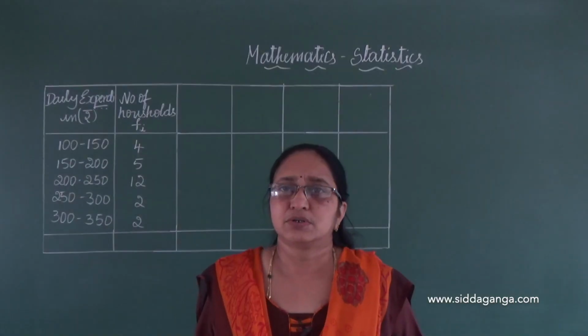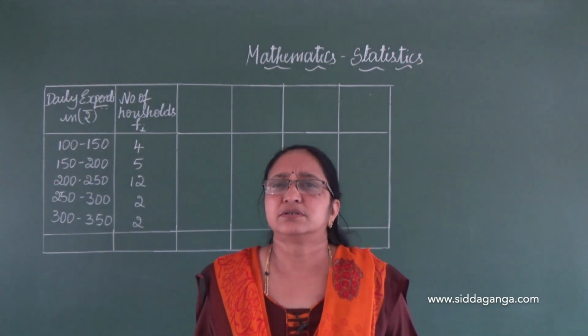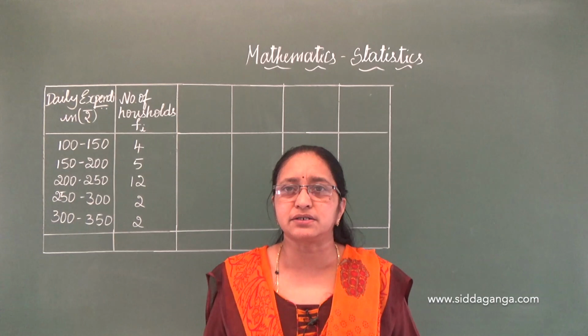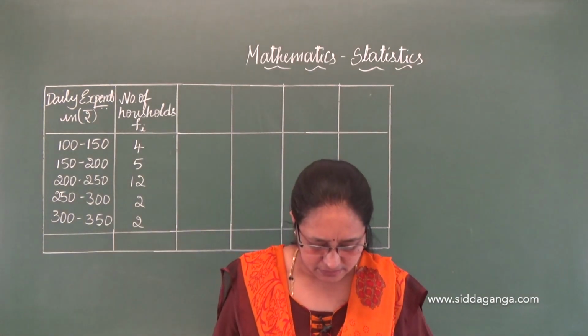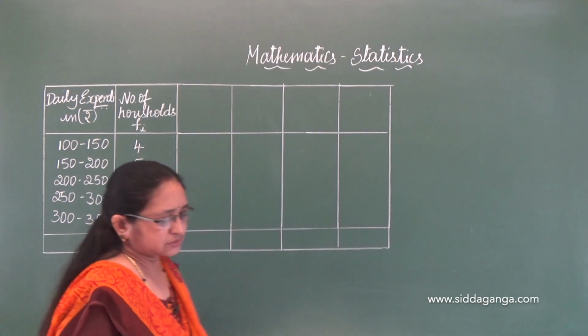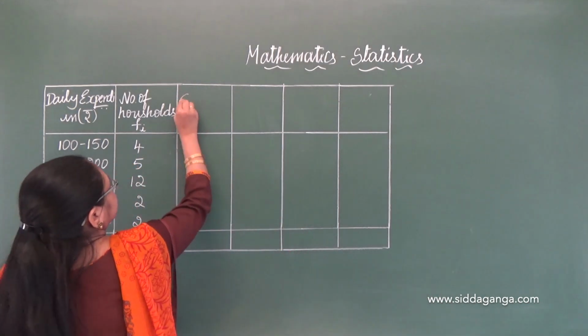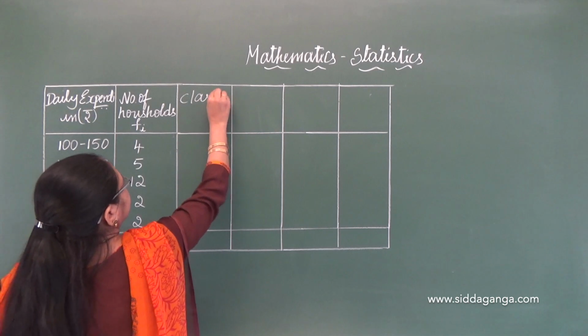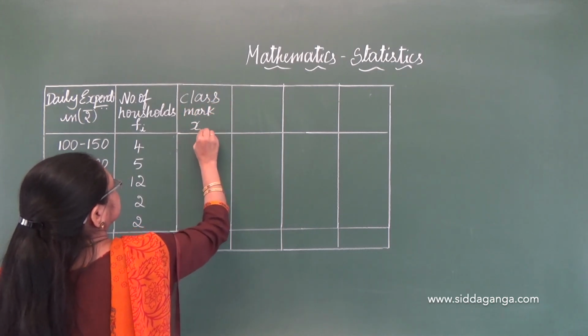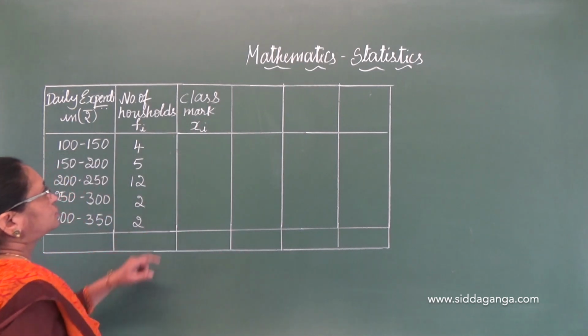As you all know, we have to write the class mark. Now we shall work out the class mark for this. So let me write class mark, that is Xi for us.